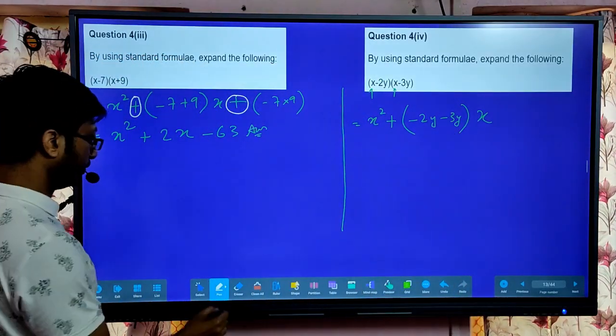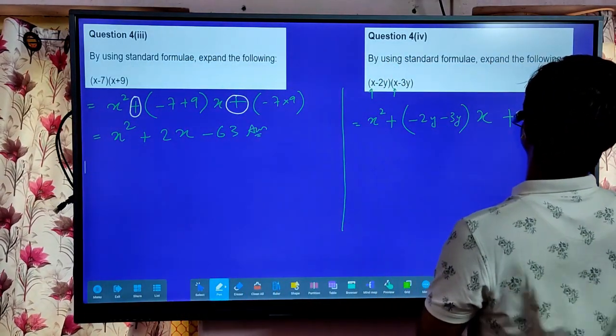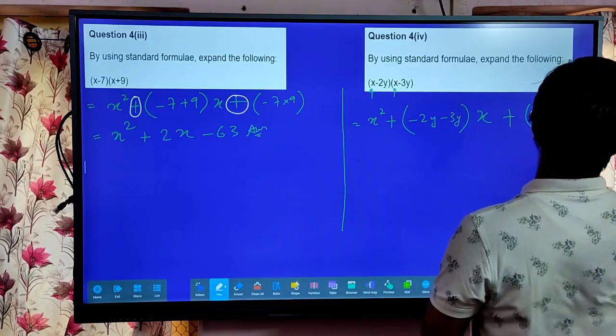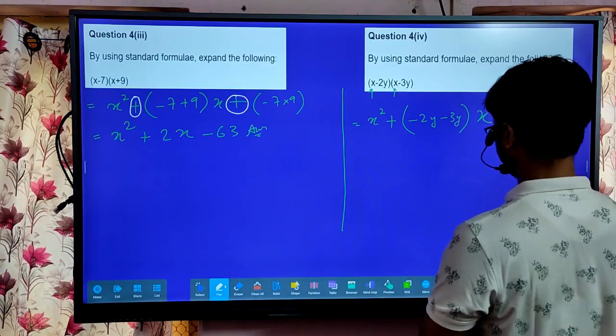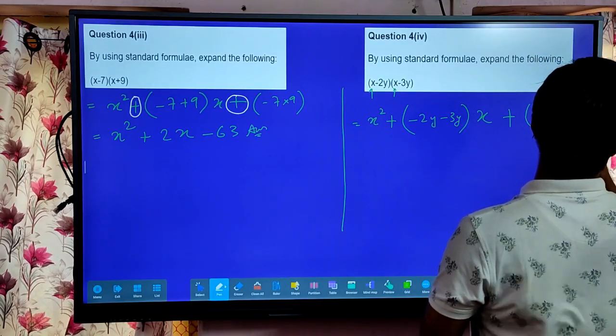Minus 2y minus 3y. And then it will be what? Minus 2y into minus 3y.